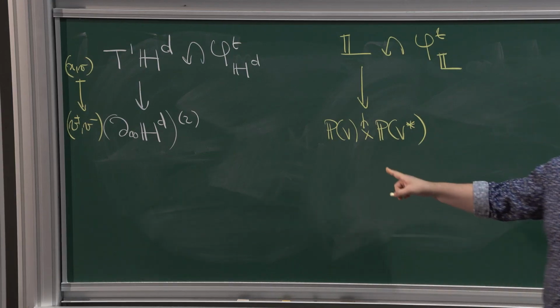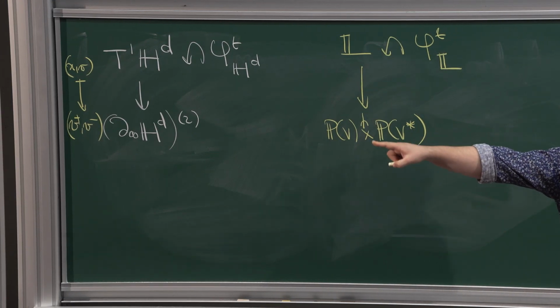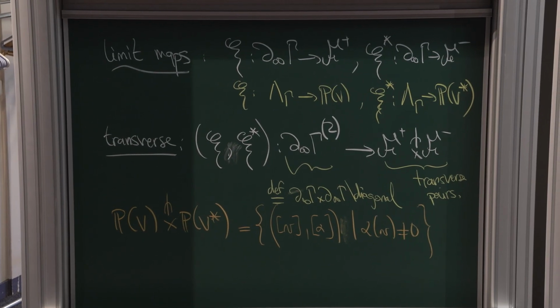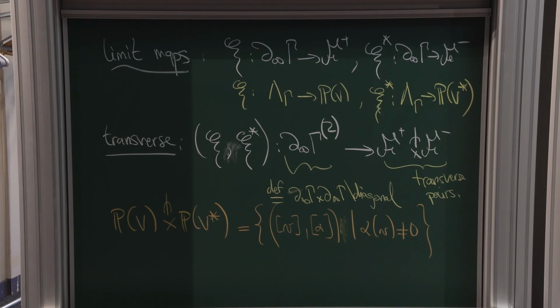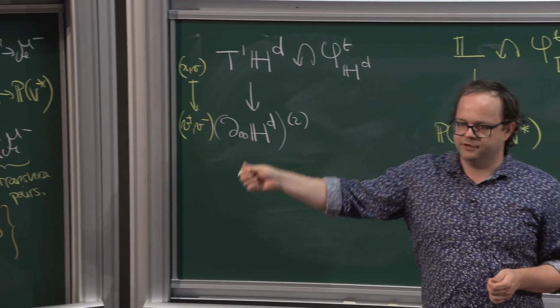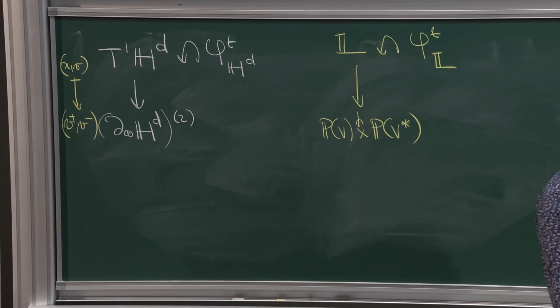Pairs in here, they are consisting of a vector v and the linear form alpha up to multiplying both by numbers, but by two different numbers. If you want to add one dimension, you should restrict one of these degrees of freedom there.